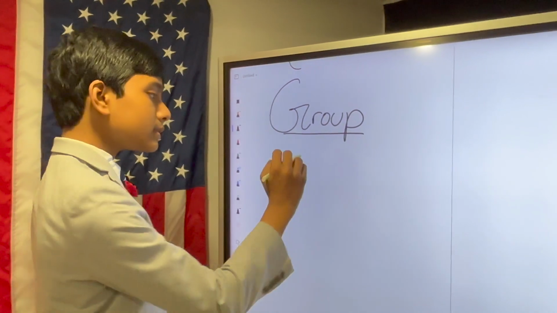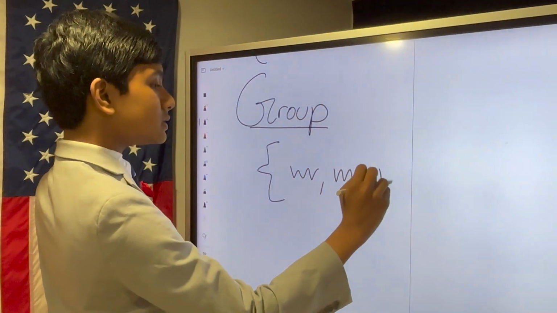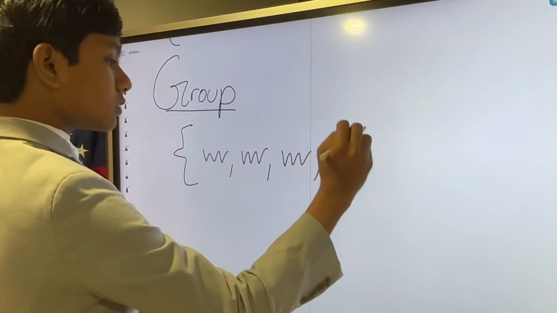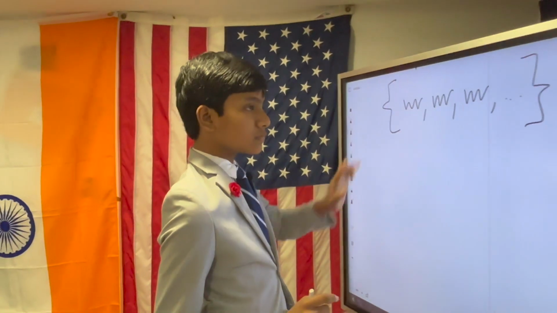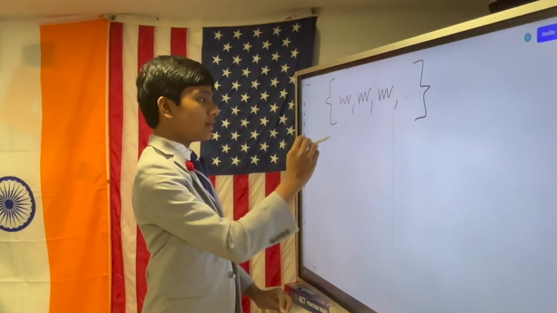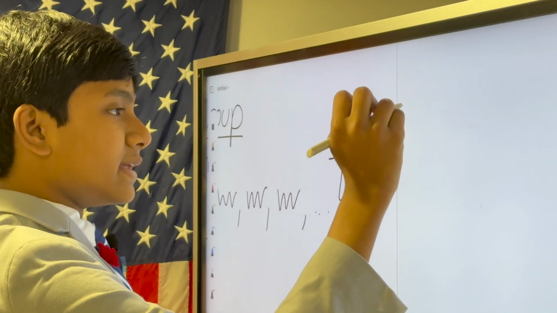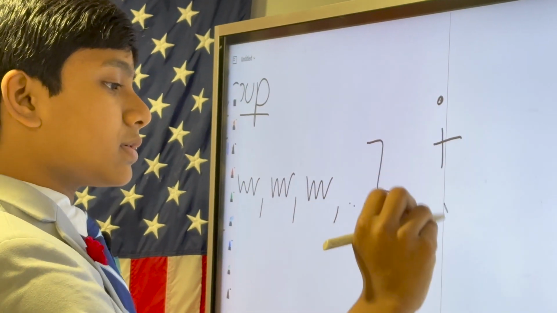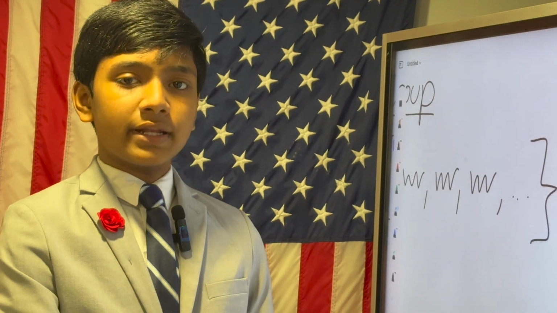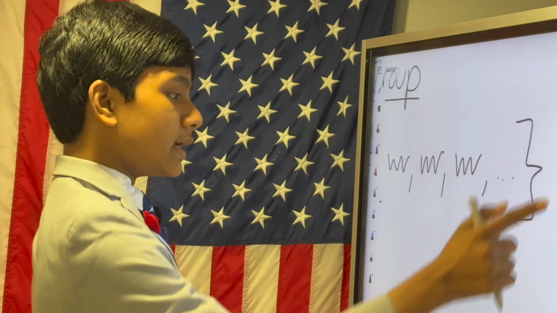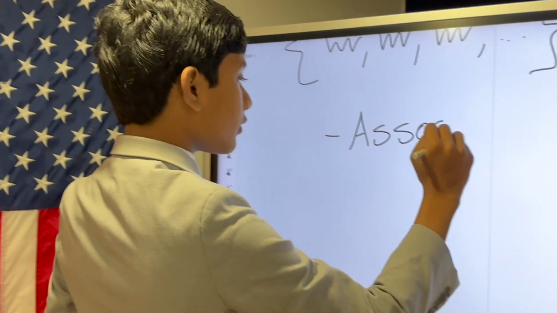Well, a group is just a set of elements such that they are given an operation, like for example addition or multiplication, or any binary operation, where you can compose two of the elements, and they have to be associative over composition.